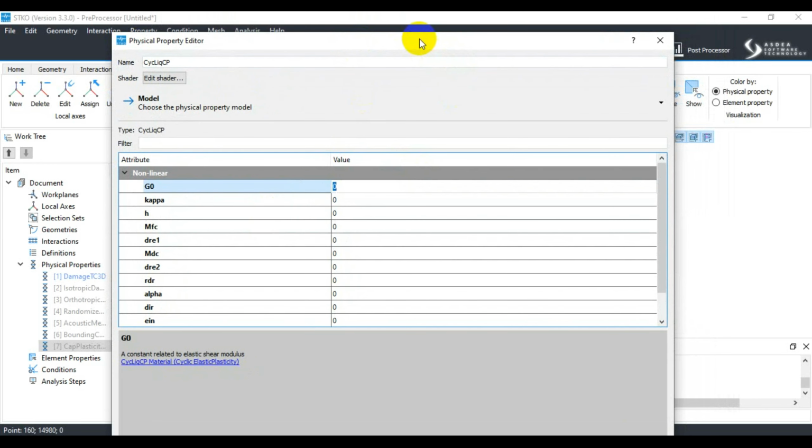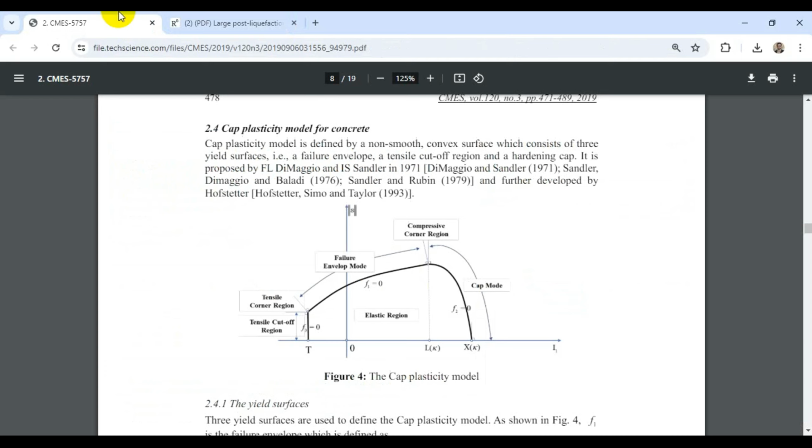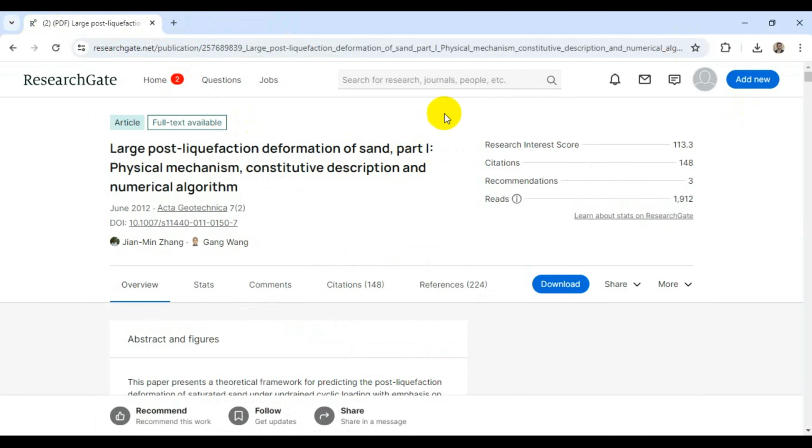The first one, let me just first tell you about the model. This was covered previously in the previous lecture.